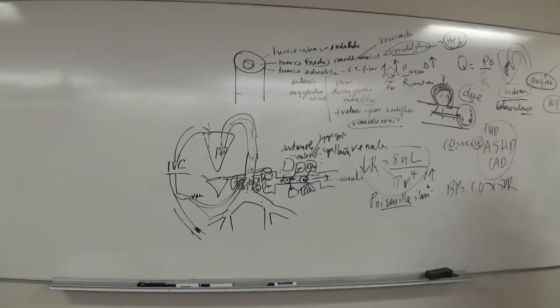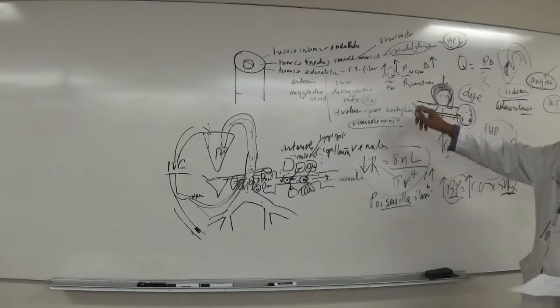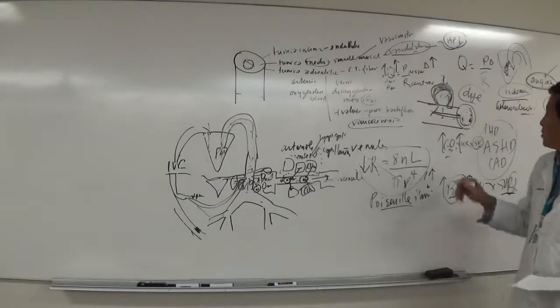What is the meaning of these? If you increase the heart rate, what happens to the cardiac output? It goes up. On the other hand, if you increase your cardiac output, what happens to your blood pressure? It also goes up. Now this SVR, systemic vascular resistance, refers to resistance. Where is our resistance? This one.